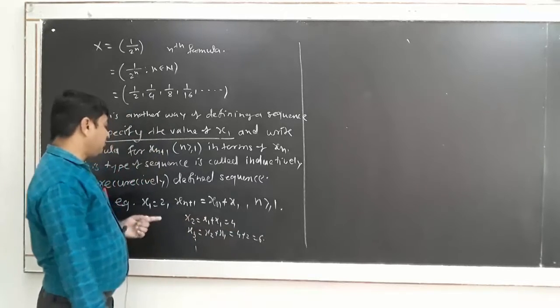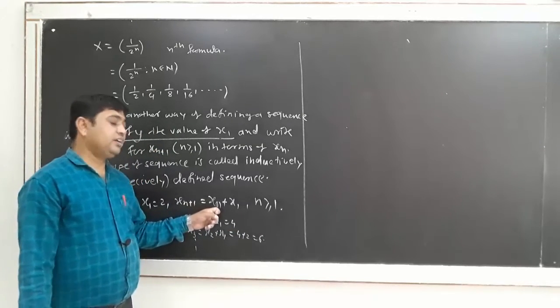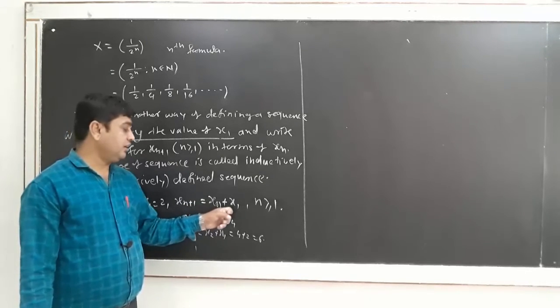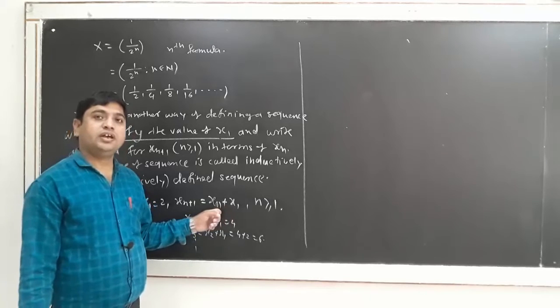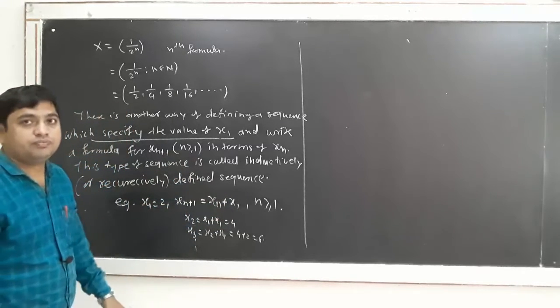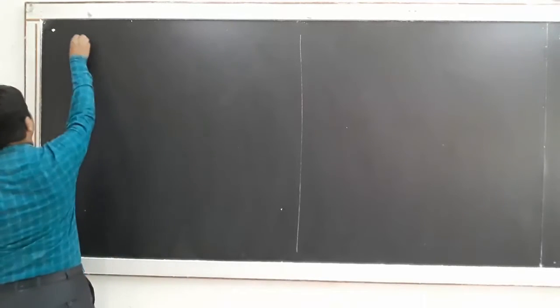That means this sequence xn plus 1, or nth formula we have written, is in terms of xn and x1, or you can write it in terms of x1. Okay, so now we write some examples of the sequence.